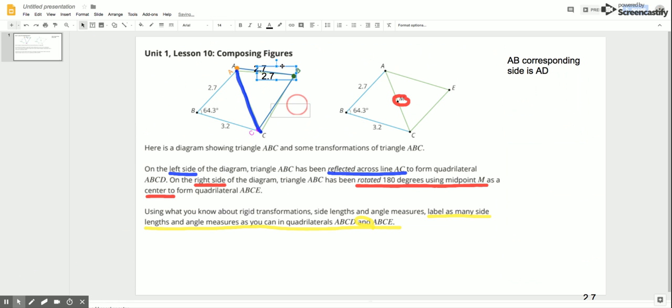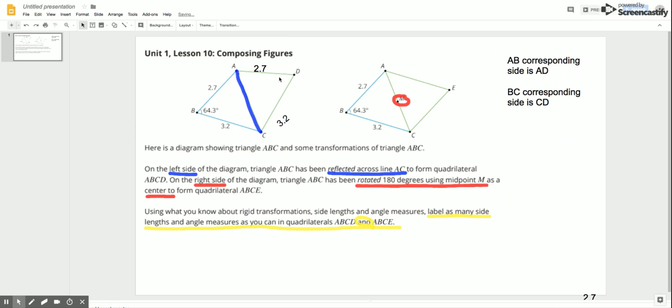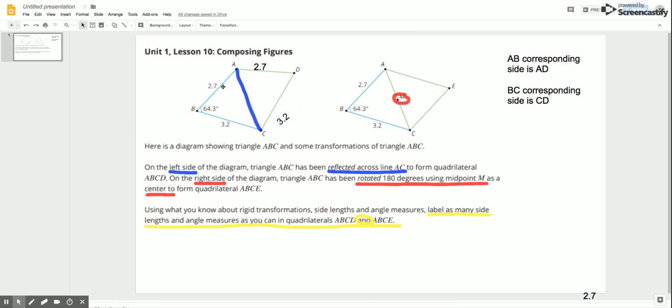So we can label that side as 3.2. Here are our corresponding sides, just for reference. So we know that side BC's corresponding side is CD. And again, the point that B is covering up is side CD, so I can move that out of the way. And now we have our corresponding sides labeled.